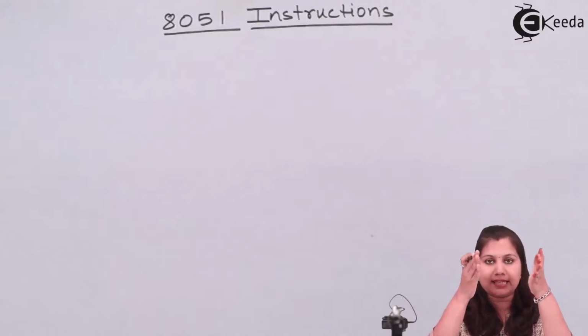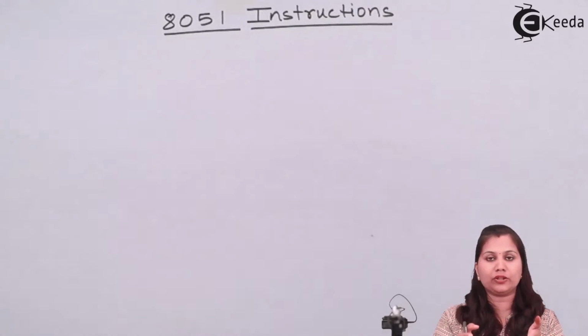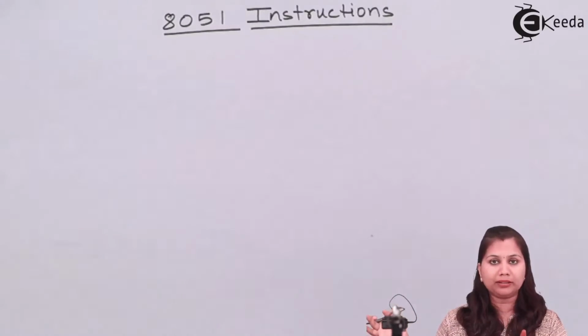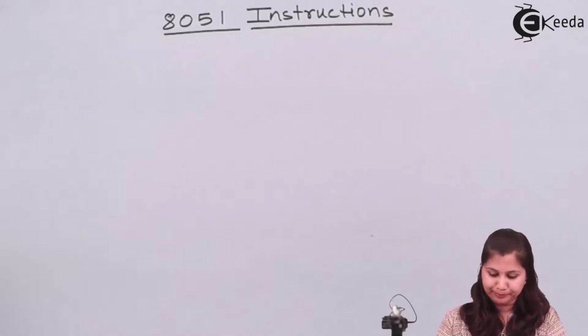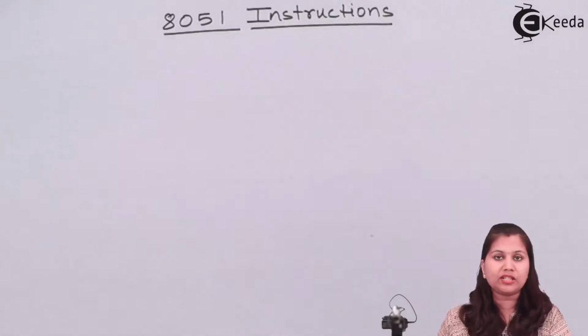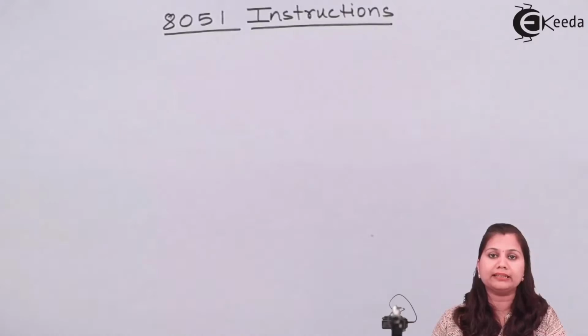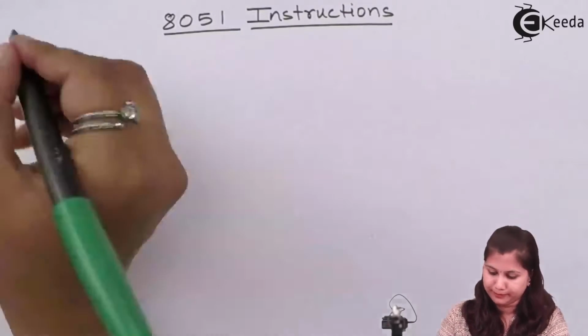Means the program is executed in the same sequence and suddenly we encounter an instruction due to which the main execution sequence is changed and it has to jump to some other memory location. That type of instructions are called branch instructions. So in this video, we are going to study about the branch instructions available in the instruction set of 8051 microcontroller.